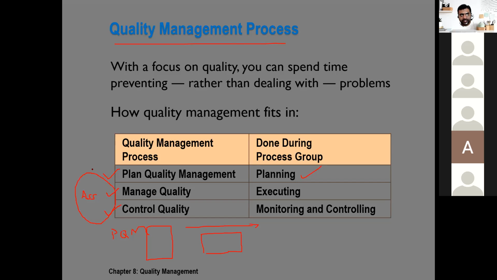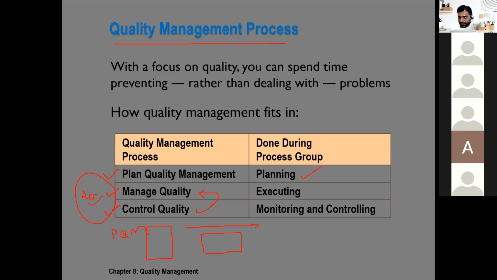It says that not only should quality be built in our work, but when we do quality control activities, the feedback we receive from them, we should also incorporate in our upcoming work too. So, manage quality not only includes assure quality activities, but the feedback coming from control quality activities.